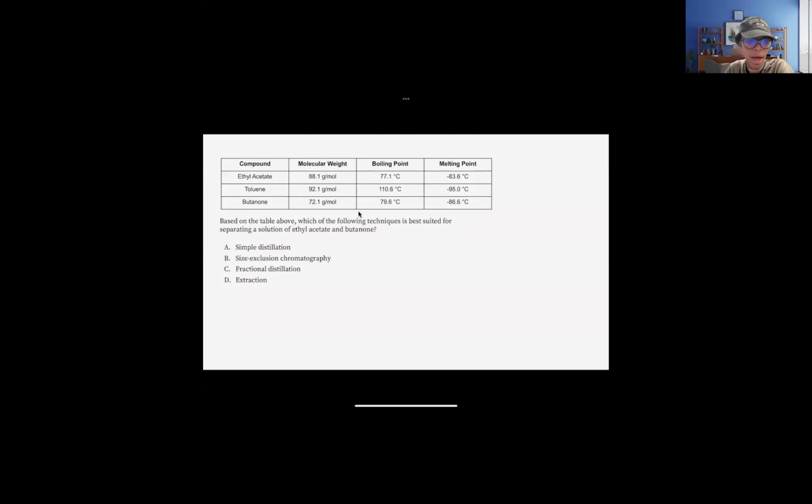So the reason why we wouldn't want to use size exclusion chromatography for this is that we typically want to separate larger molecules with this. Size exclusion chromatography is also typically used for macromolecules like proteins.